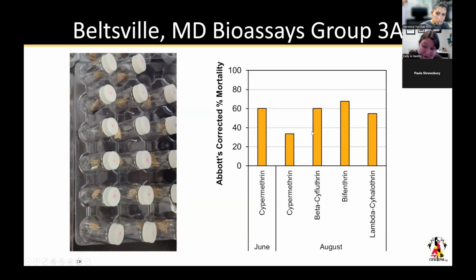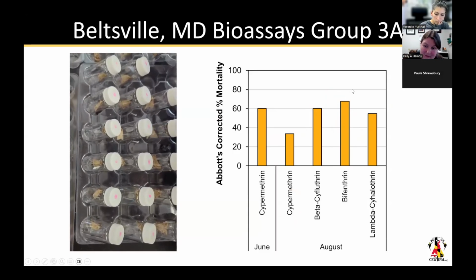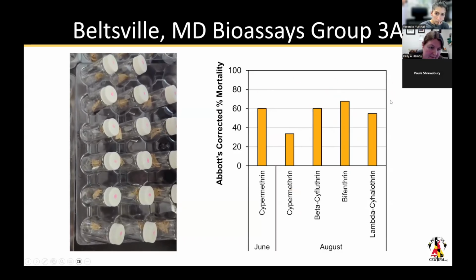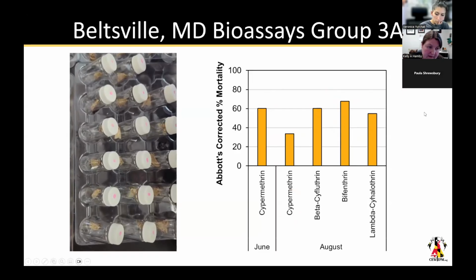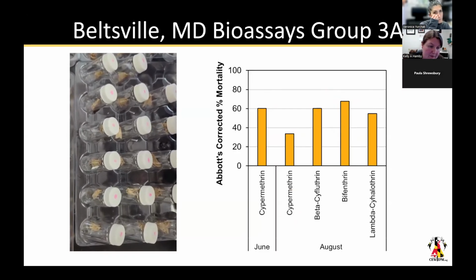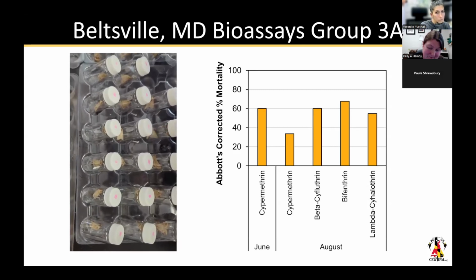But all of these are, again, not giving you what, in the 2000s, you might have expected, up around 80-90% mortality. So we're definitely seeing some pyrethroid resistance in my area, and it may be that Tom is seeing less of that than we are.